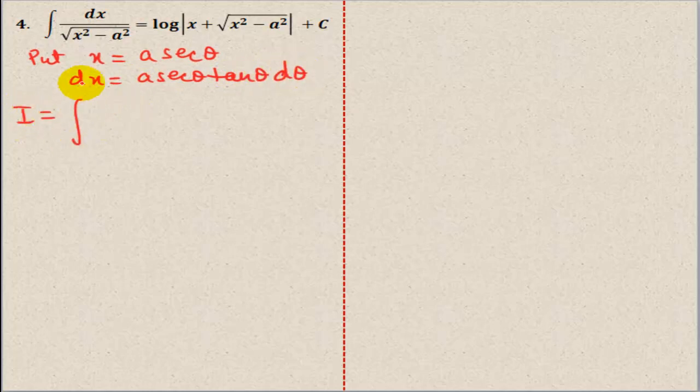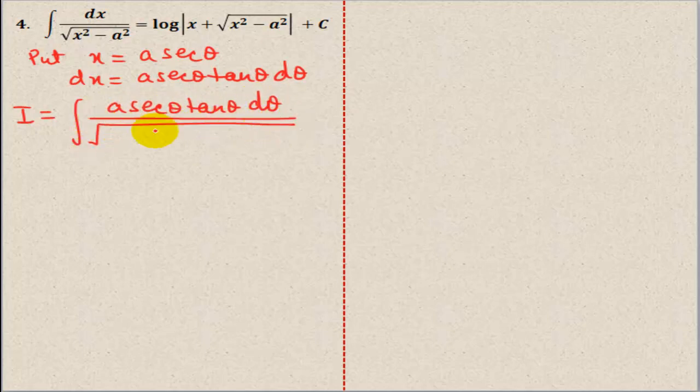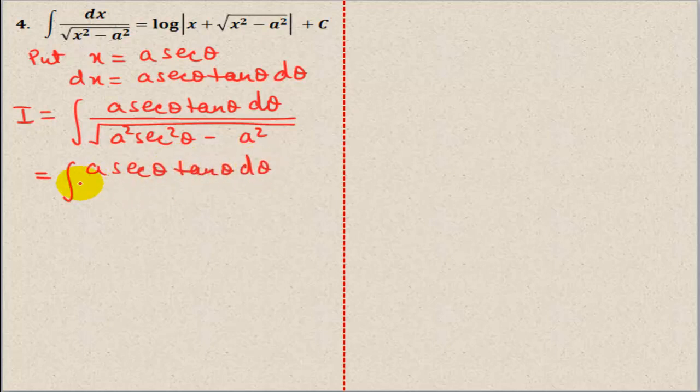Our integral will reduce to dx can be replaced by a sec theta tan theta d theta, and in the denominator we get square root of a square sec square theta minus a square. So you can see from the denominator there is scope for taking out terms common. A square can be taken common under the square root, and if we take its square root it reduces to a.